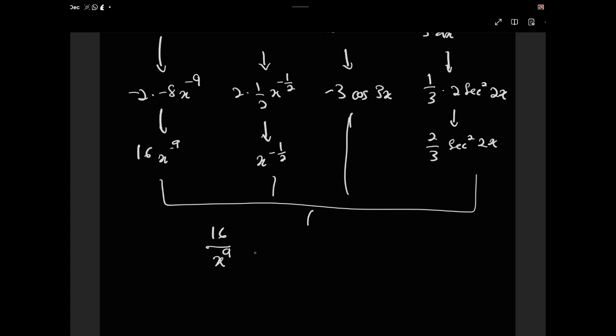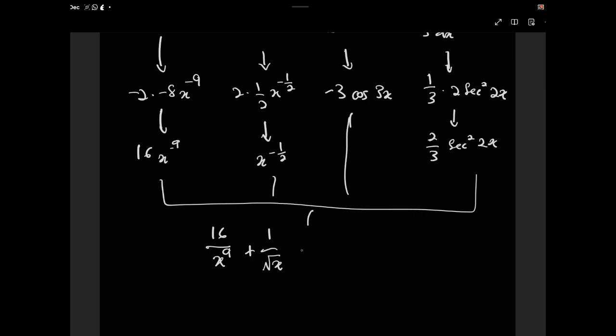And then plus with x to the power of negative 1 over 2. So there are two things that we can do here. For the first one, 1 over 2 here can become the square root back, and then negative can become the denominator of a reciprocal. So we are going to have 1 over square root of x.